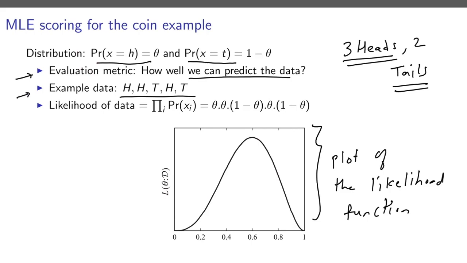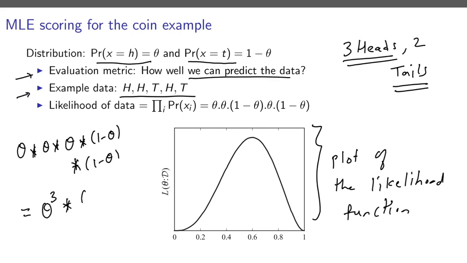The likelihood of the data according to the parameter theta is theta times theta times theta, because we have three heads, times 1 minus theta times 1 minus theta. So I can rewrite this function as theta cube times 1 minus theta square. This is nothing but a function over theta.